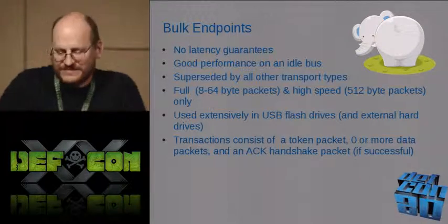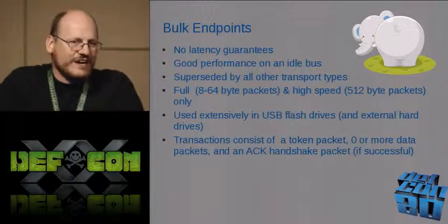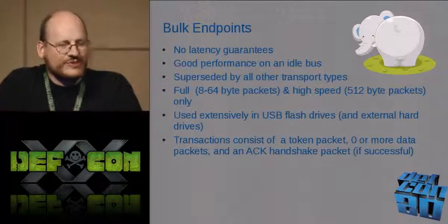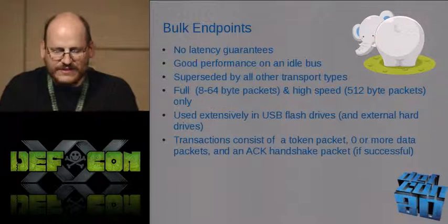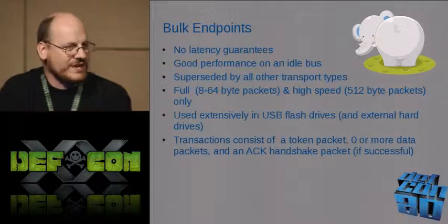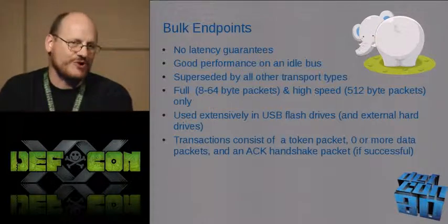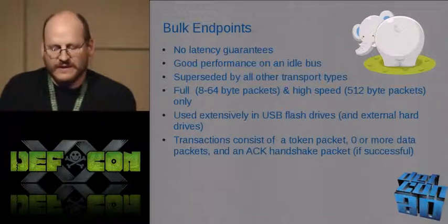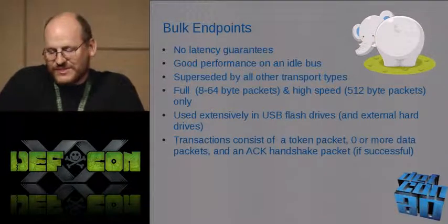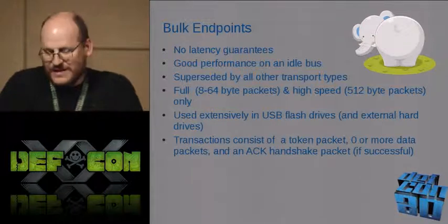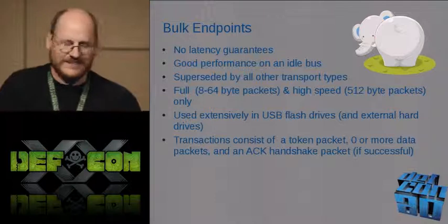It'll be relevant. If you're doing high-speed transfers, you can use 512 byte packets. This is used pretty extensively in flash drives, also external hard drives. The transactions consist of a token packet, then possibly some data, and then you send an ACK at the end.